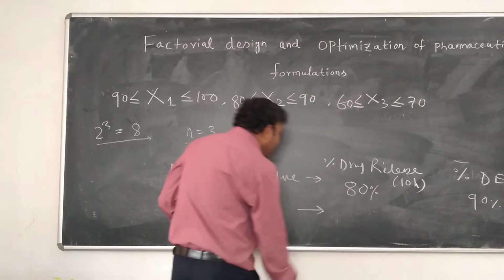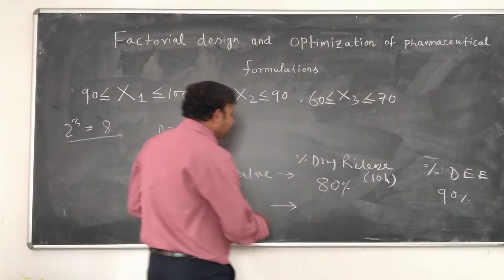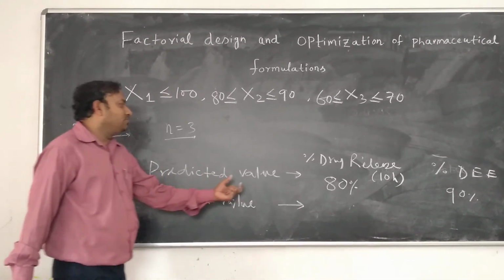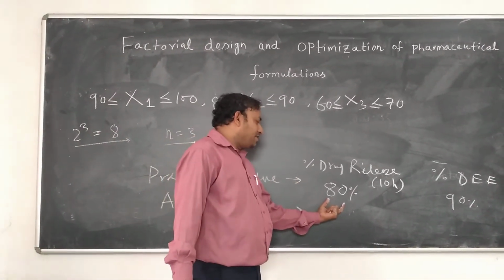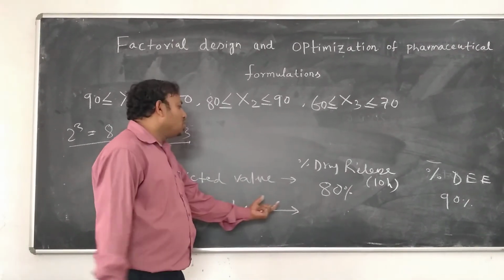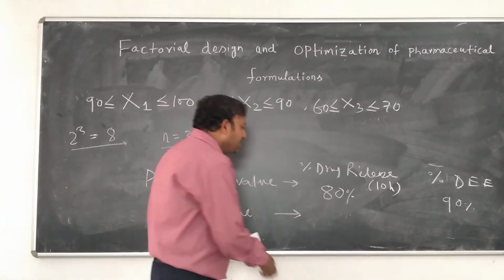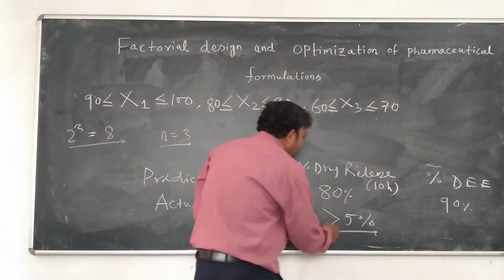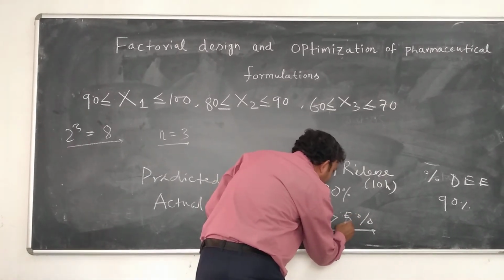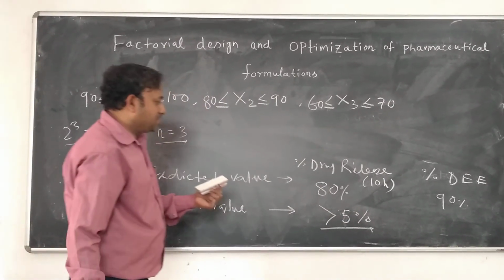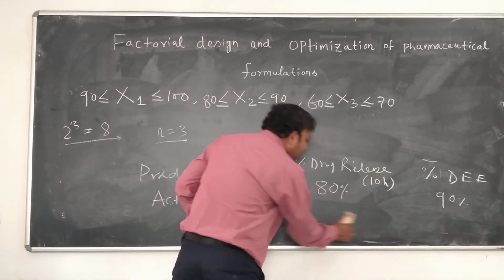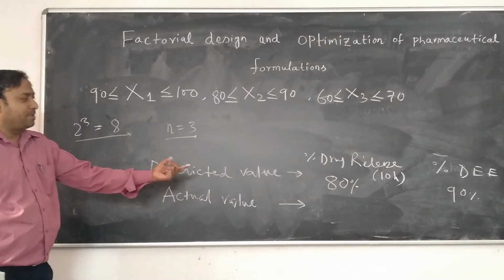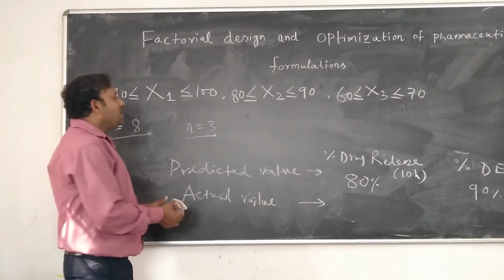After performing the experiments, we compare the actual value from the practical work with the predicted value, 80%. The difference should not be greater than 5%; it should be less than 5%. If it is greater than 5% between the predicted value and the actual value, the model will be insignificant.